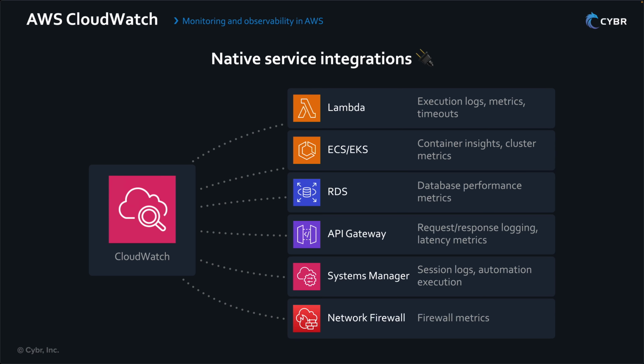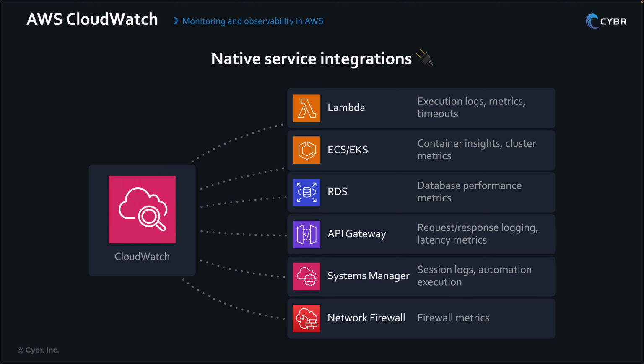And some services, like Amazon EC2 in particular, will only send basic metrics by default. But if the service doesn't integrate at the level that you need it to, you can also sometimes install a CloudWatch agent on the host device. So in the case of EC2, you can install the CloudWatch agent on the host EC2, and it will automatically upload the logs from that instance to the AWS CloudWatch service.